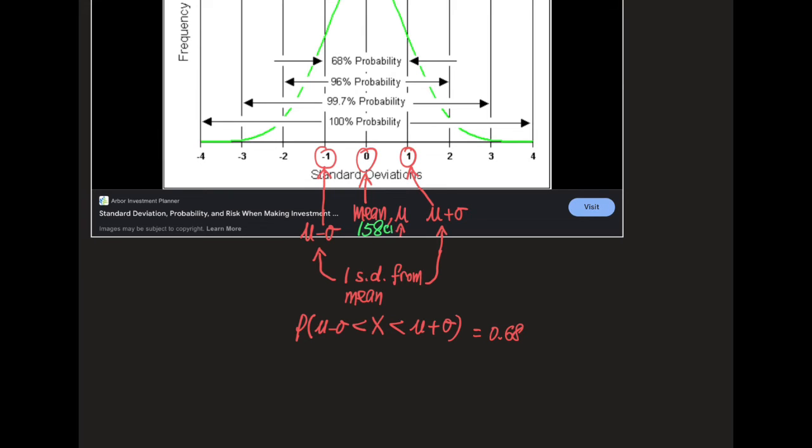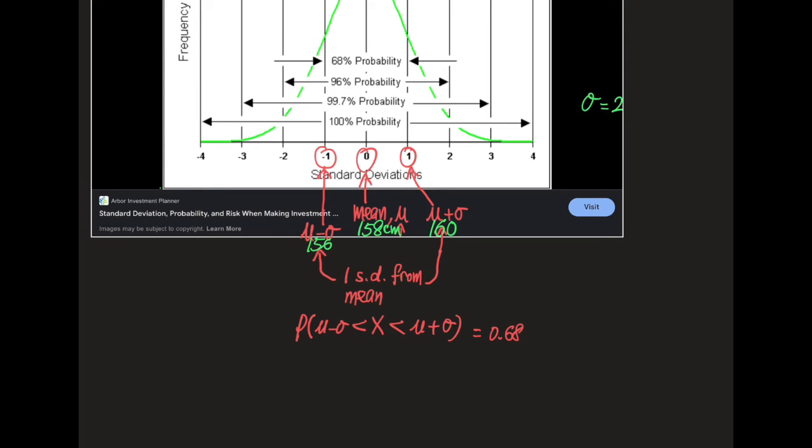Let's say we counted and the standard deviation is 2. One standard deviation away from the mean is 158 plus 2, which is 160, and 158 minus 2, which is 156.